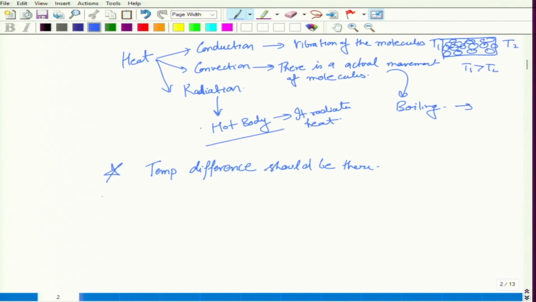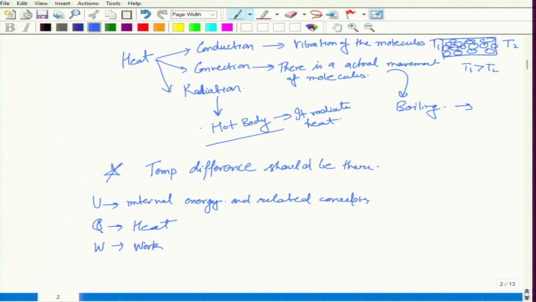So in the last class we discussed internal energy, and in today's class we will discuss what we call Q, that is heat, and in the upcoming lecture we will discuss work.